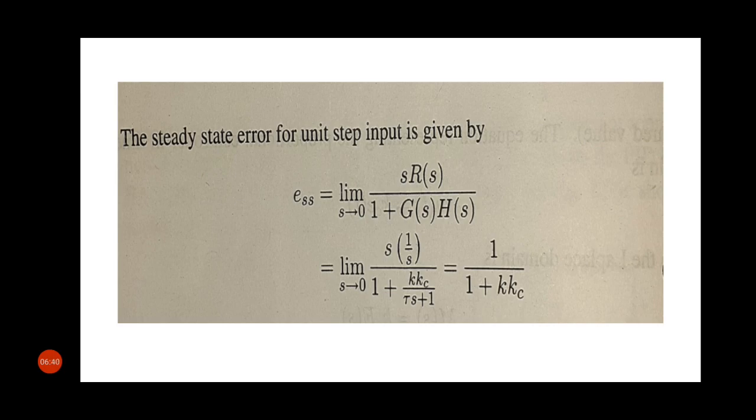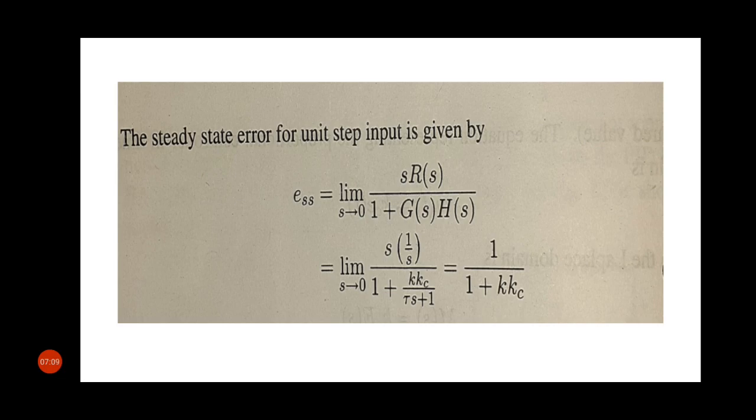So from this equation, we find that the steady state error decreases as Kc increases, and that is, the system output will not exactly match the desired set point. The difference between the set point and the system output is known as steady state error or offset. When Kc approaches infinity, the steady state error becomes 0. But that is practically not possible.